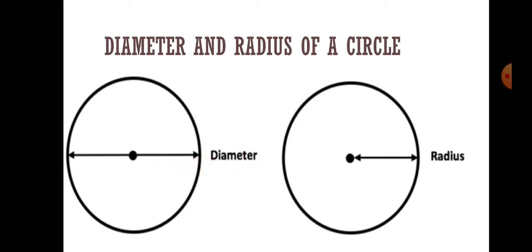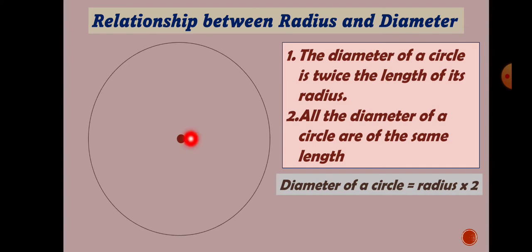So everybody remember, today in this session we are going to learn the relationship between the radius and the diameter. Now students, as you can see, a circle over here and the center of the circle. First we will see what exactly the diameter is.